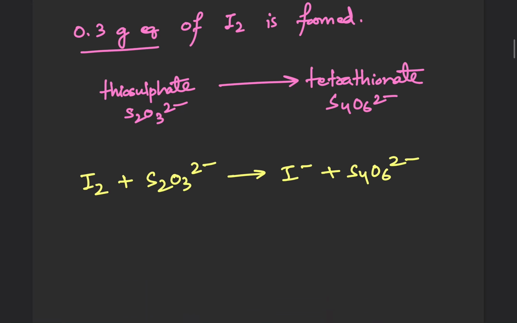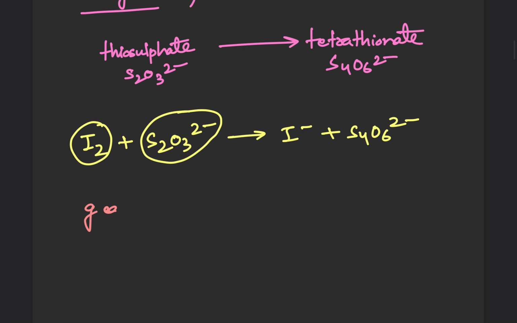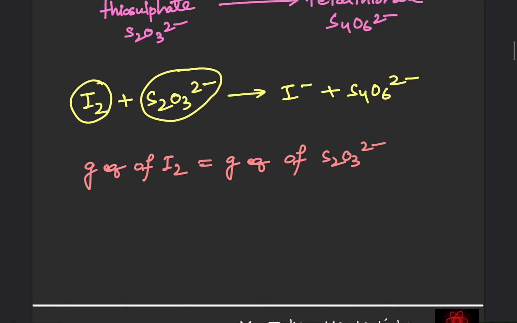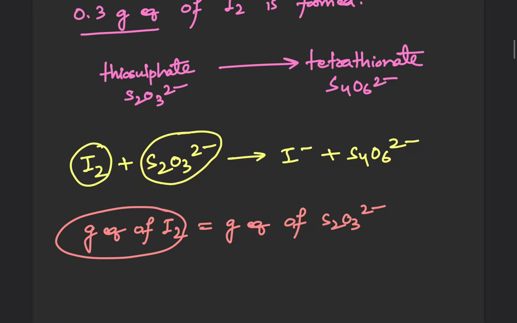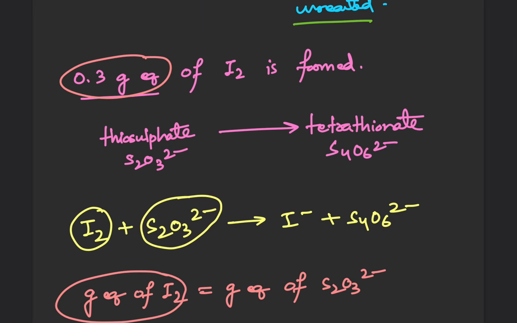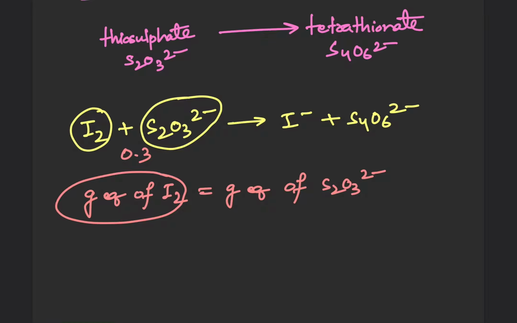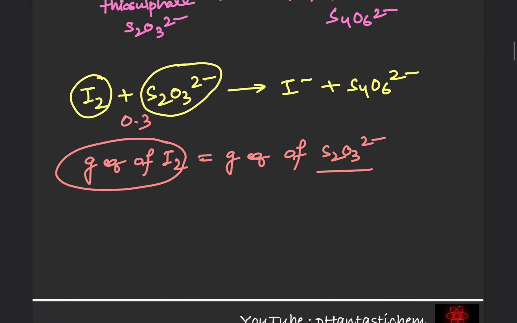At the end point, all of the iodine, that is I2, has combined with S2O3 2 minus. Therefore, at the end point, gram equivalent of I2 will be equal to gram equivalent of S2O3 2 minus. We already calculated the gram equivalent of I2, it is 0.3. So let's calculate the gram equivalent of S2O3 2 minus.